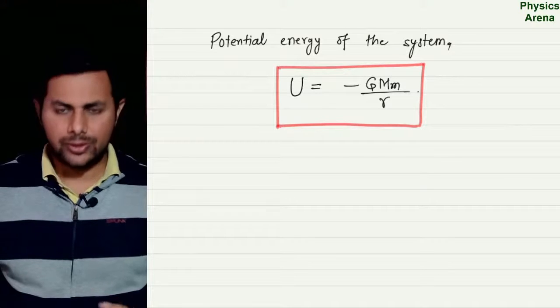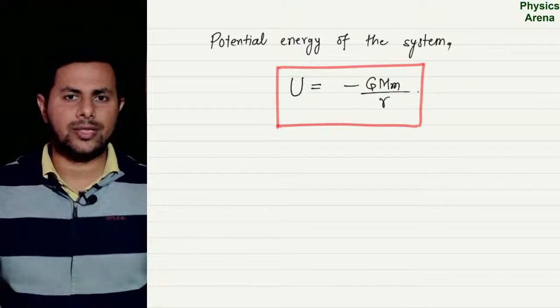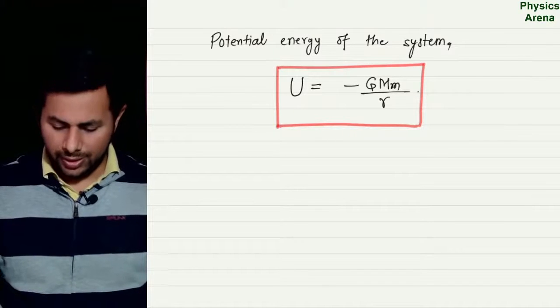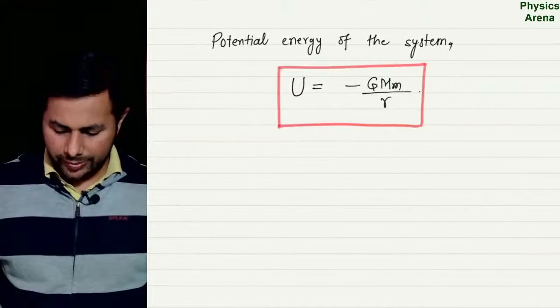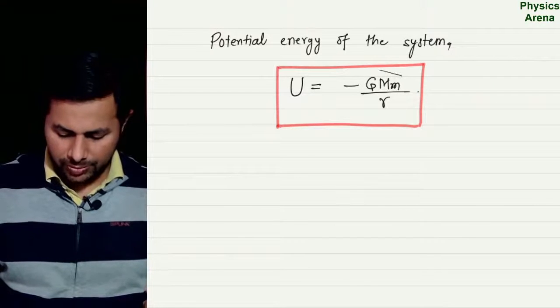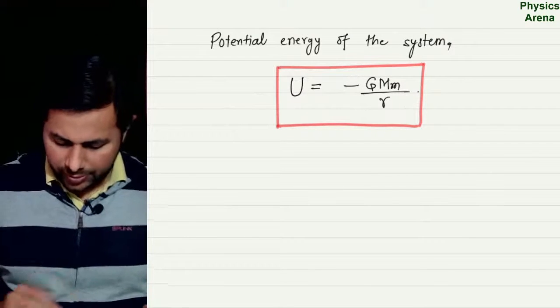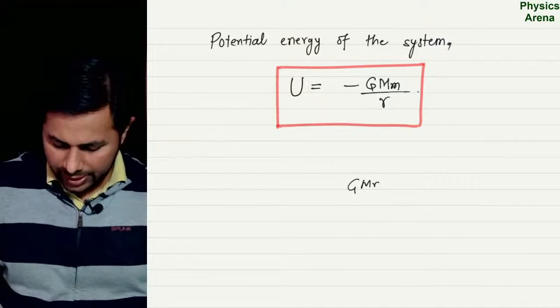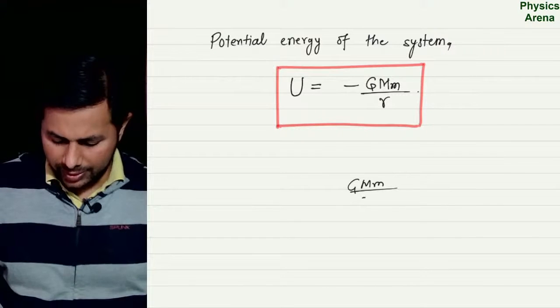We consider that the gravitational potential energy of an object at infinity is 0, because in gravitational potential energy, the formula is GMm divided by r.